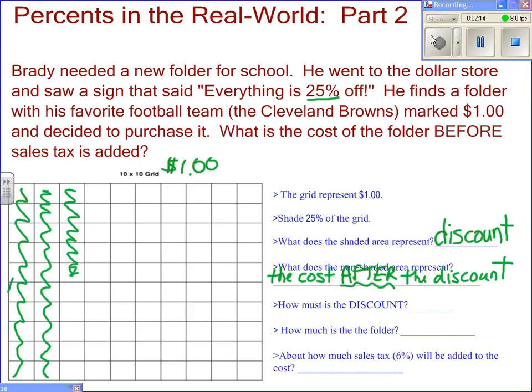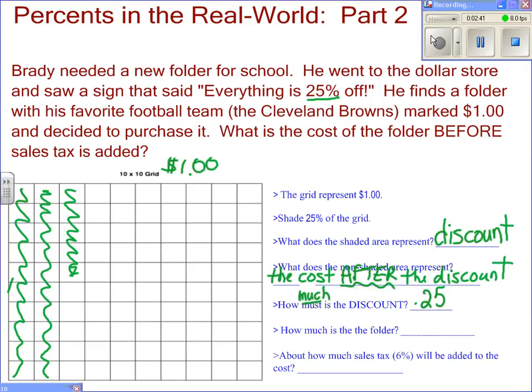How much is the discount in this case? Well, this one's pretty easy because we're working with dollars and nice easy percents. The discount here is what's shaded, which is 25 out of 100. 25 hundredths, or 25 cents.